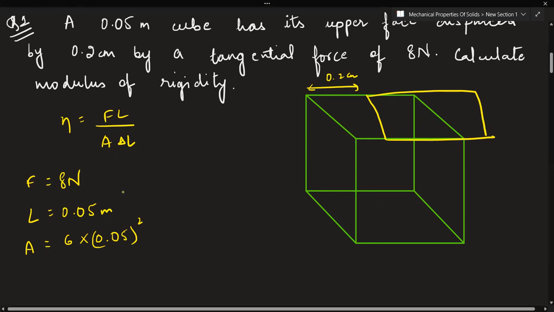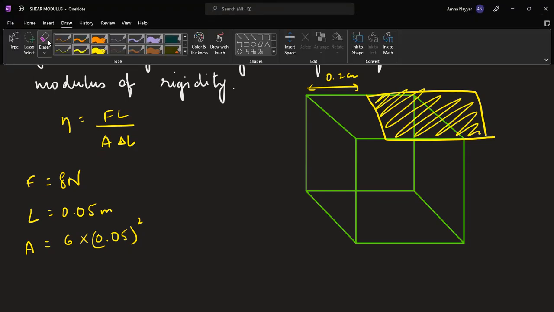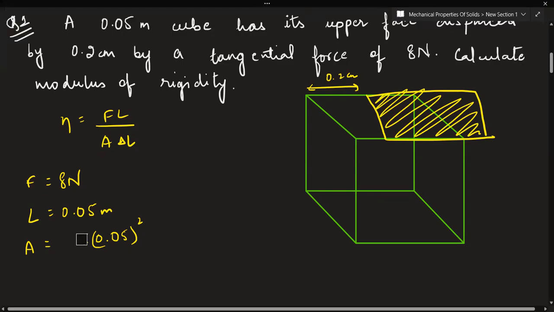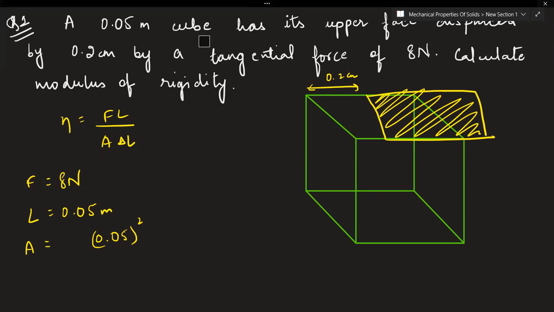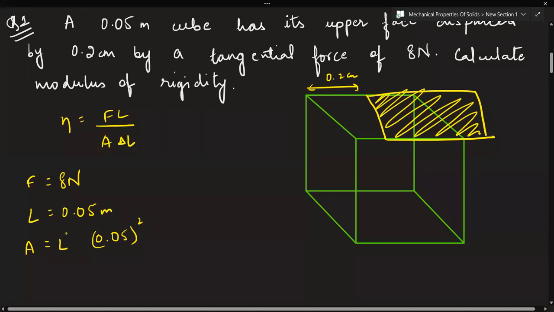No, see, that's what I was telling you, the area is the area of this upper layer. So this 6 won't be there. If you multiply it with 6, that would give you the whole area of the cube. Area is basically L square if you have to find out the area of one face. Okay, so area is the upper face's area only.